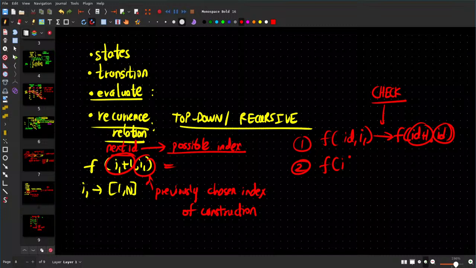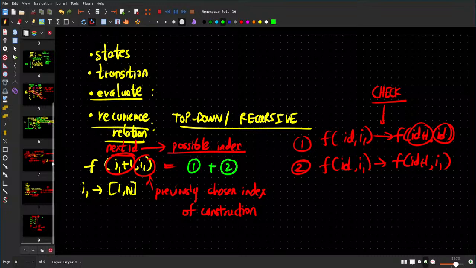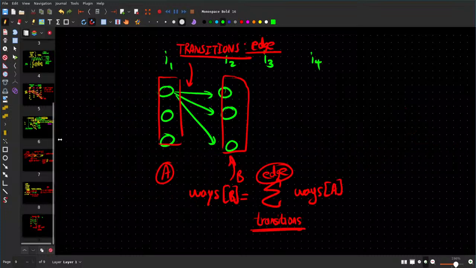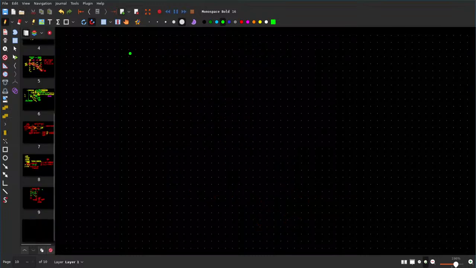And if we don't want to take it, then this transition would be f of ID plus 1 to I1. Now this is simply the sum of both of these values, and this is how we arrive at a recurrence relation. So let me write it in a clearer format.